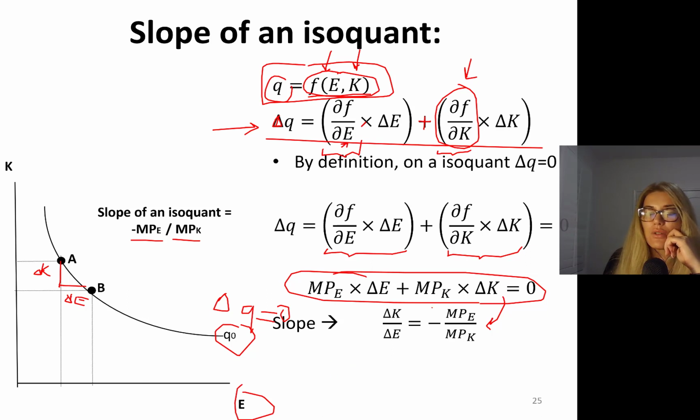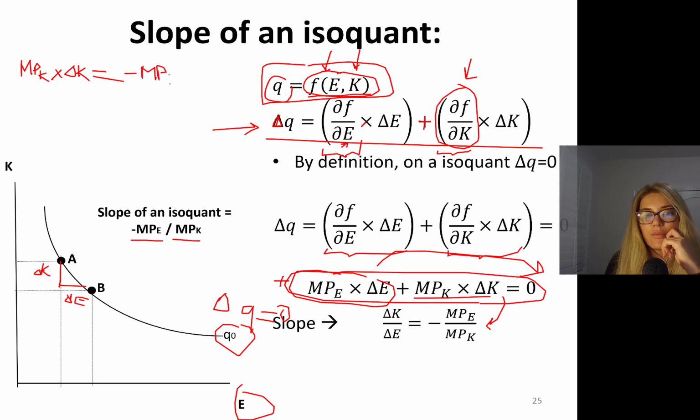So first, let's throw this first item to the other side. On the left-hand side, I have marginal product of capital times change in capital. So I'm throwing this thing to the right-hand side. Anything positive switches sign going to the other side of the equality: marginal product of labor times change in labor.